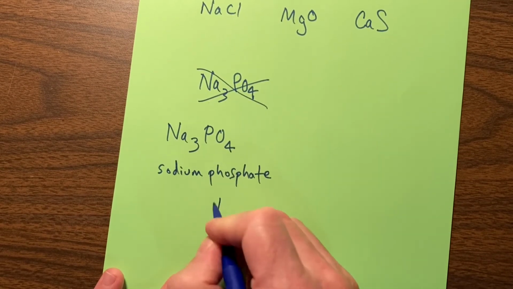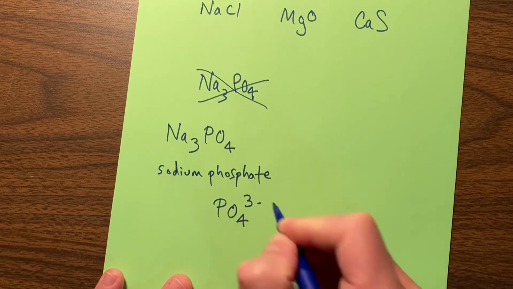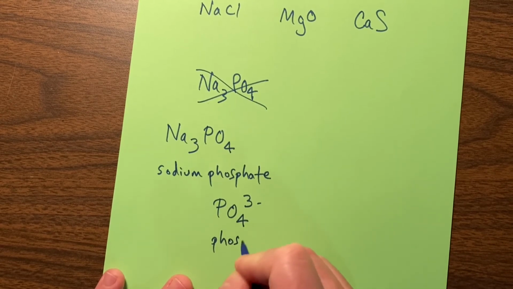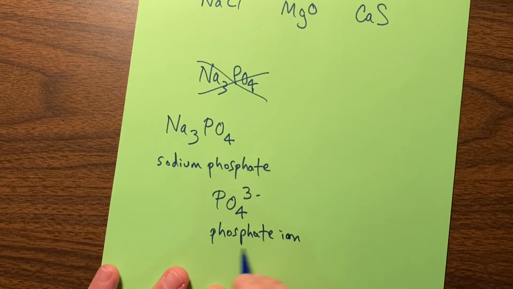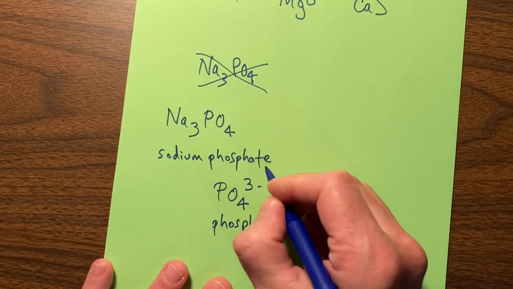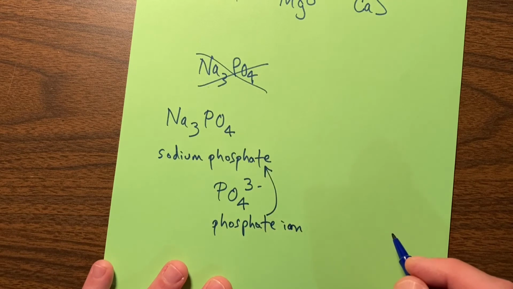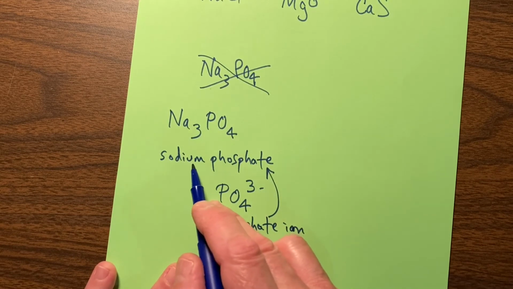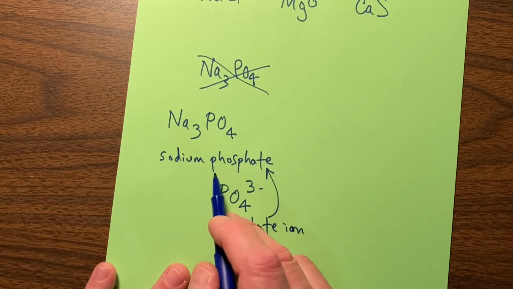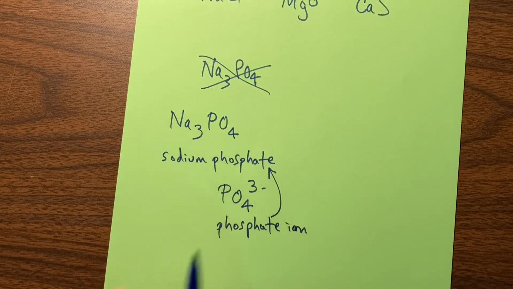The name of this polyatomic is the phosphate ion. We don't change the ending of the polyatomic when it's in an ionic compound. We just state sodium phosphate. And we don't call it sodium ion phosphate, we just call it sodium phosphate.